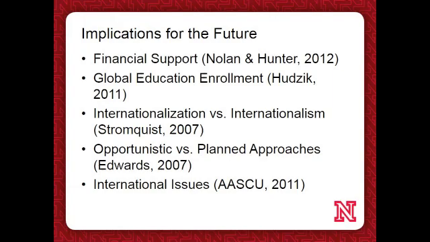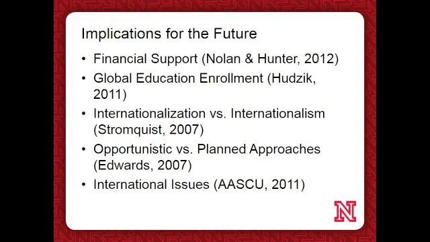On another economic note, we have the dichotomy of internationalization versus internationalism. In the case study, Stromquist identified internationalism as the underlying values and belief in internationalizing a campus and fostering global citizenship. Internationalization, on the other hand, refers to the global dynamics, the market dynamics that influence and shape a university's behavior.